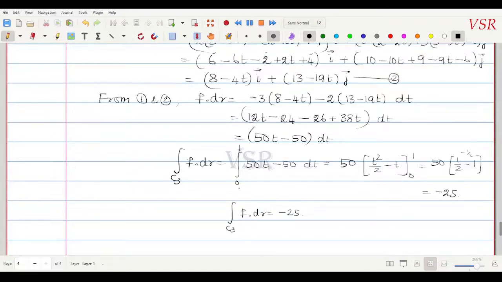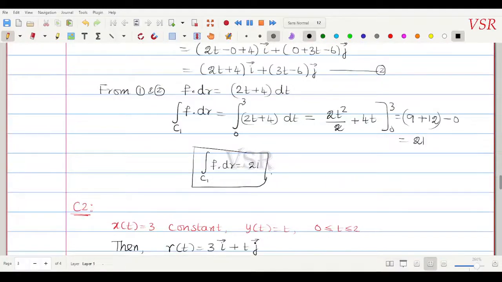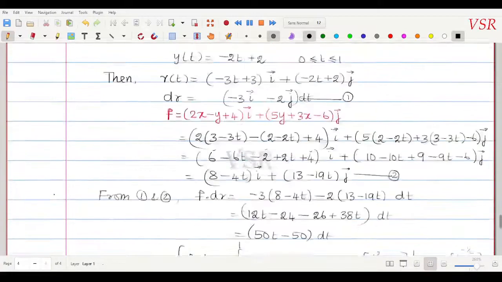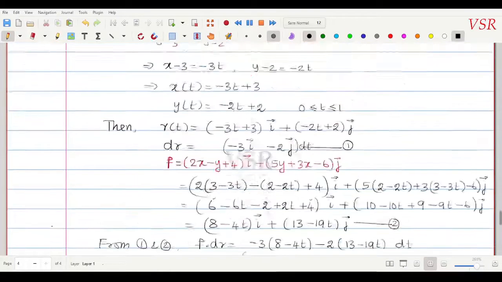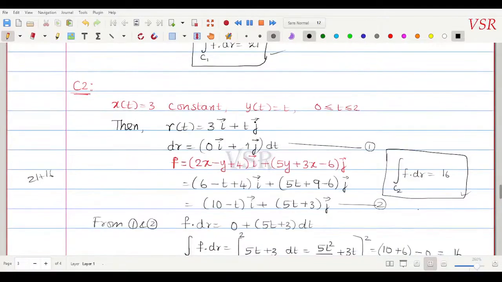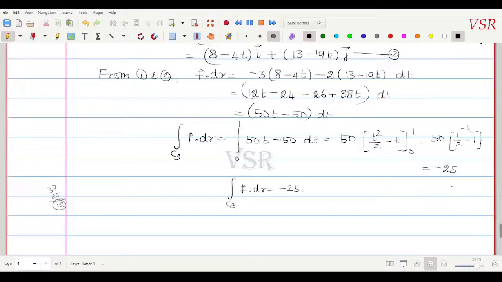Now let's add everything up. What are the things we have? This one is 21, and this one is 16. So 21 plus 16 is 37. 37 minus 25 is 12.